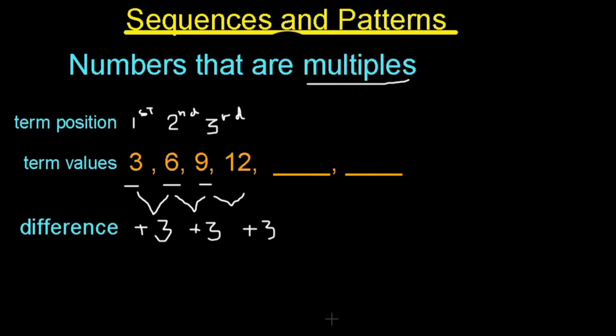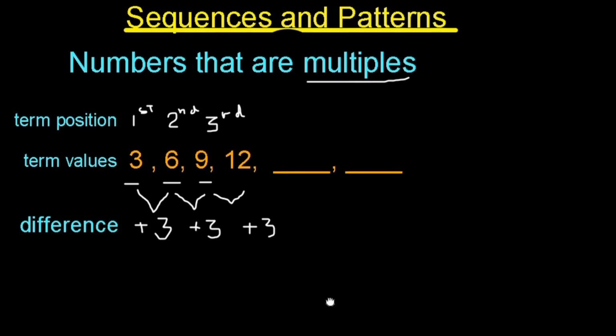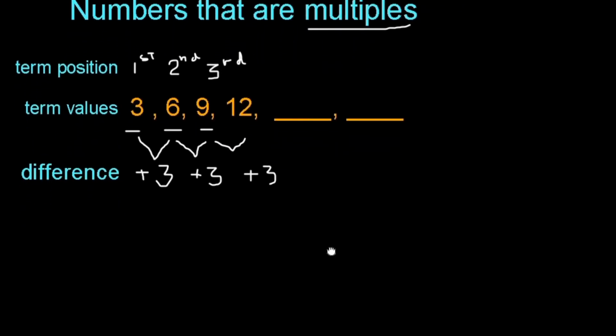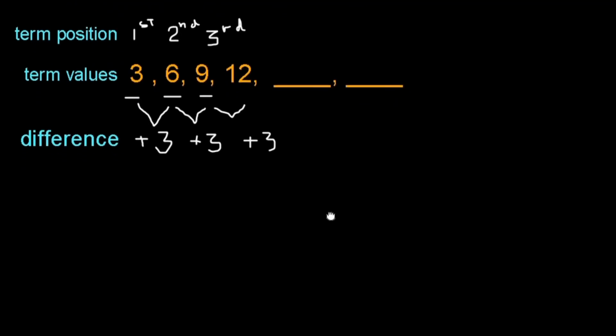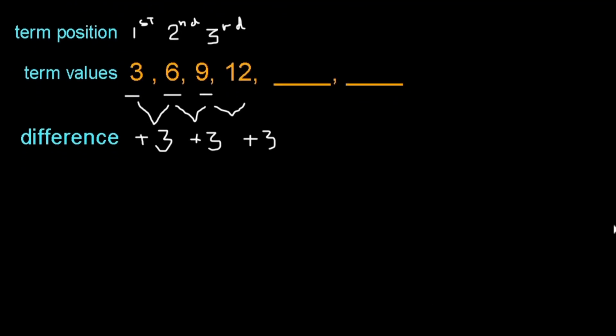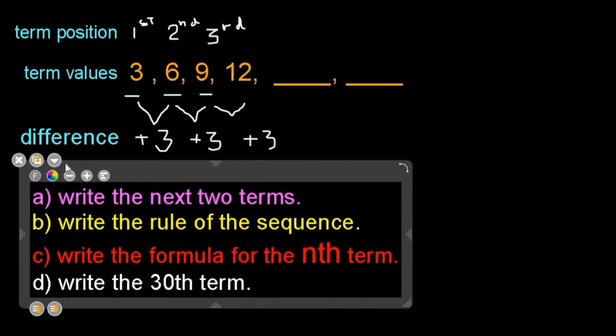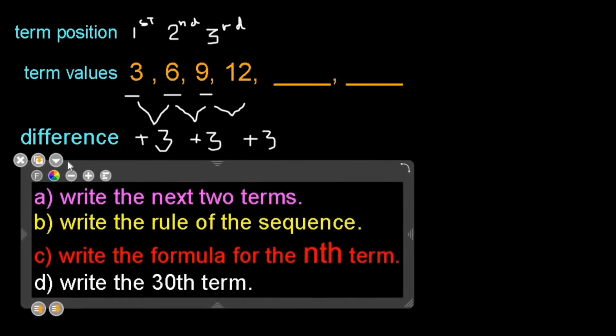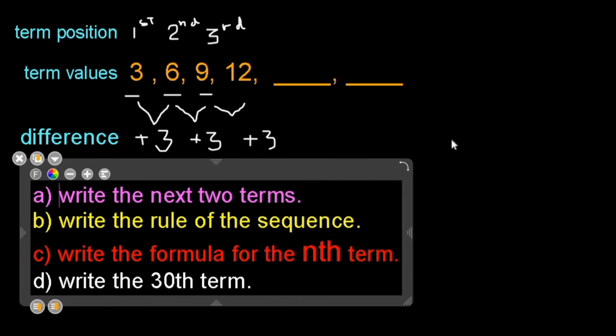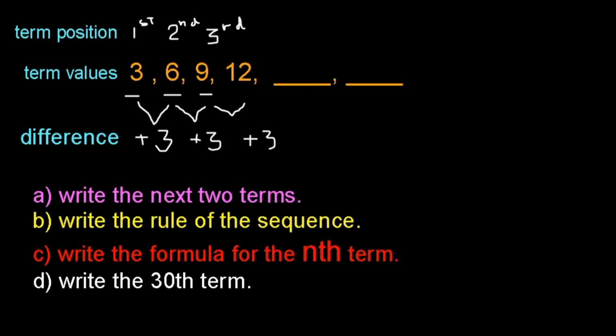After introducing these three terminologies, we are now going to write the questions, and I'm going to write 4 questions. All right: write the next 2 terms of the sequence, write the rule of the sequence, the nth term and the 30th term.